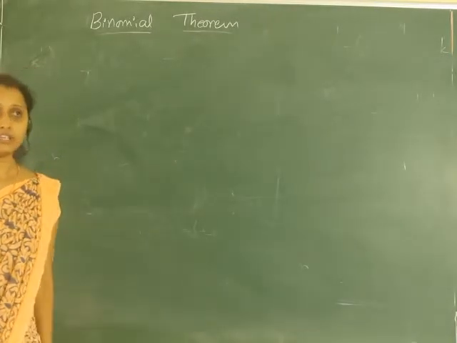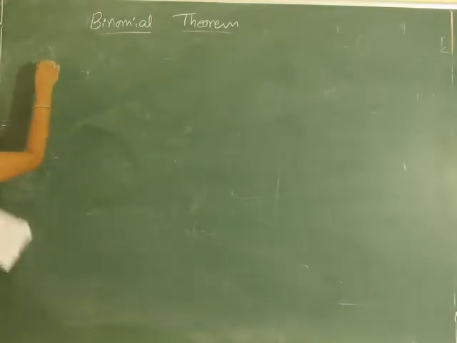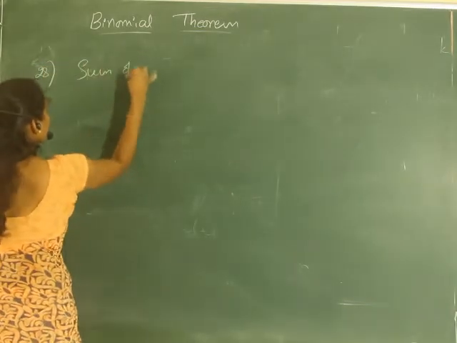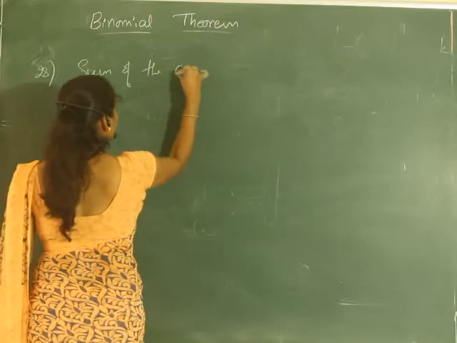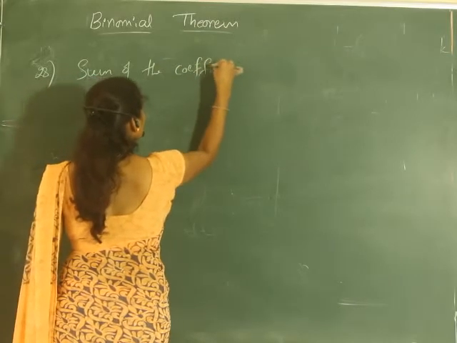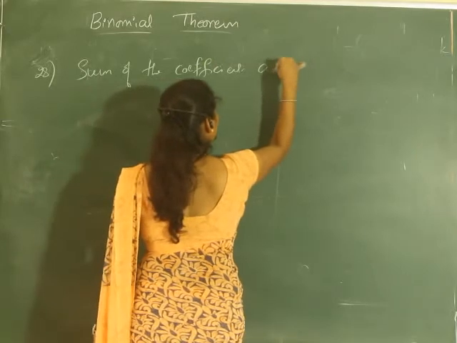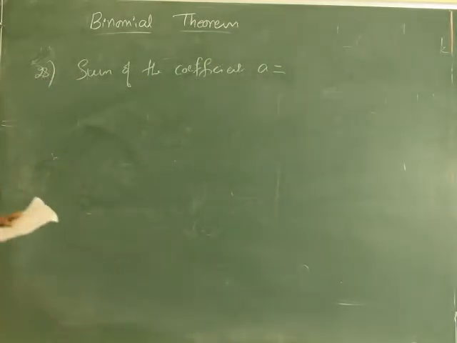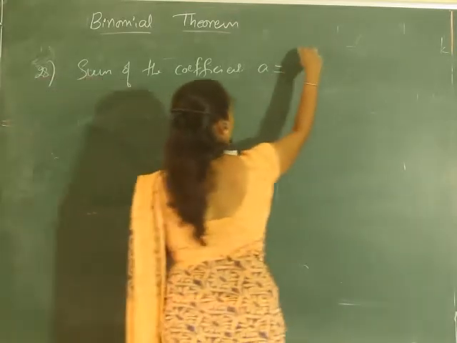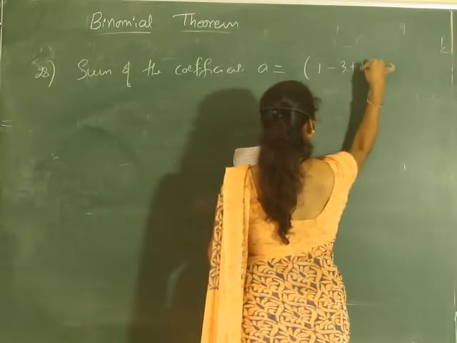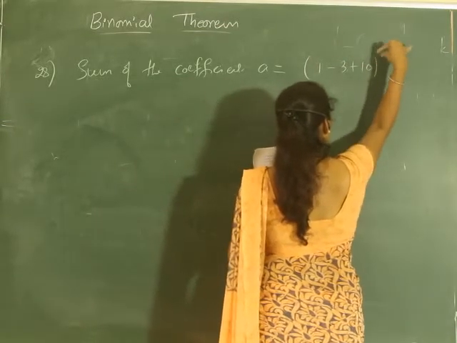So the sum of the coefficients A is obtained from the first expansion 1 minus 3x plus 10x square whole power n, that will be equal to 1 minus 3 plus 10 whole power n.